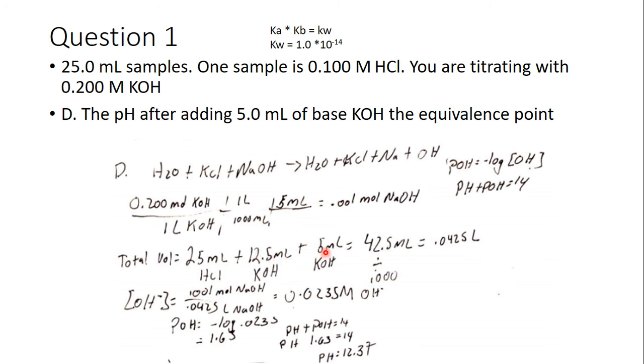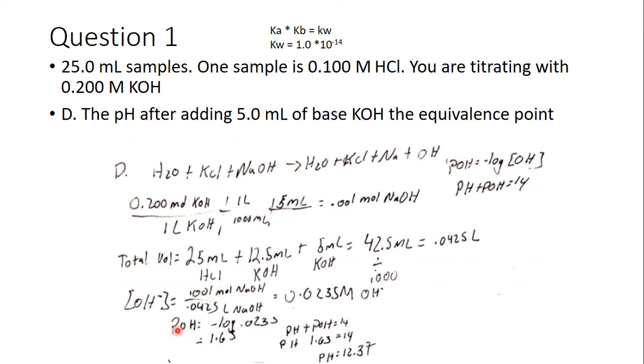And in D, I add 5 milliliters more, which means my total volume is 42.5 milliliters or 0.0425 liters. So my molarity of hydroxide is 0.001 divided by 0.0425, which is 0.0235 molar. This is the concentration of OH minus after adding 5 mL past the equivalency point.